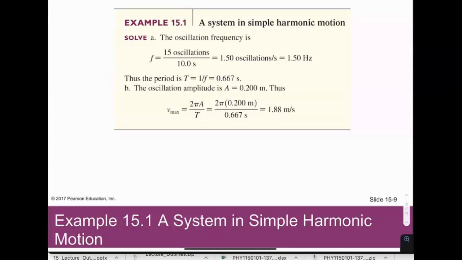The oscillation amplitude A is 0.200 meters. Thus, the maximum velocity is equal to 2 pi A over the period, or 2 pi times 0.200 meters divided by 0.667 seconds, or 1.88 meters per second.